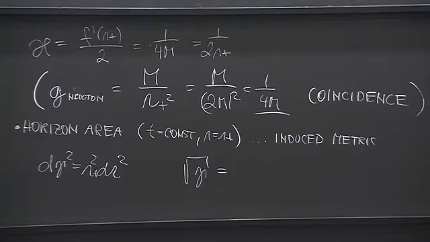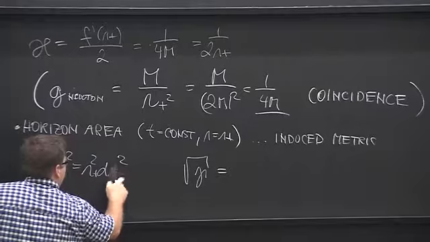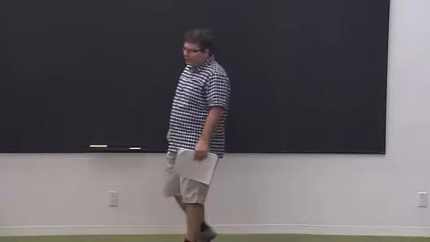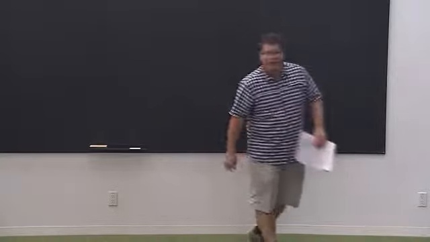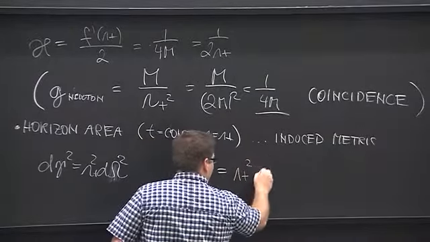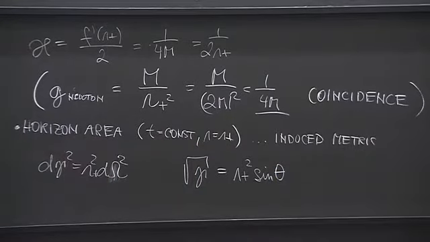It's just the metric on the sphere. So dΩ² is dθ² plus sin²θ dφ². So it's just whatever the spherical thing is. Now I'm taking the square root, so it's r plus squared sin θ, right?